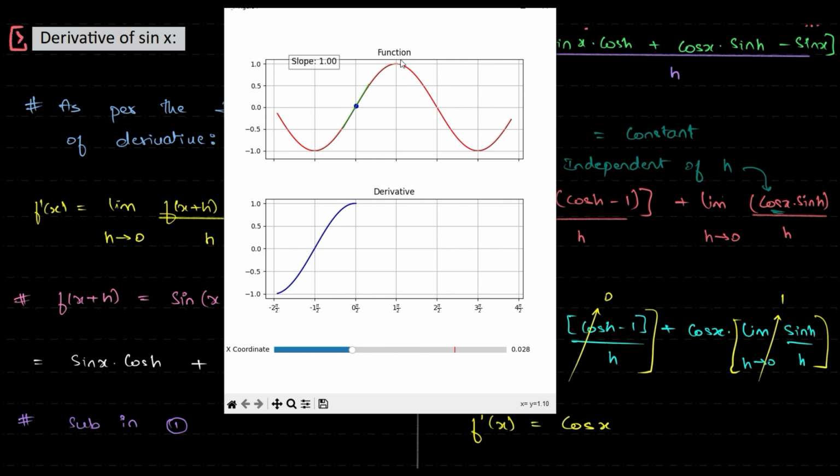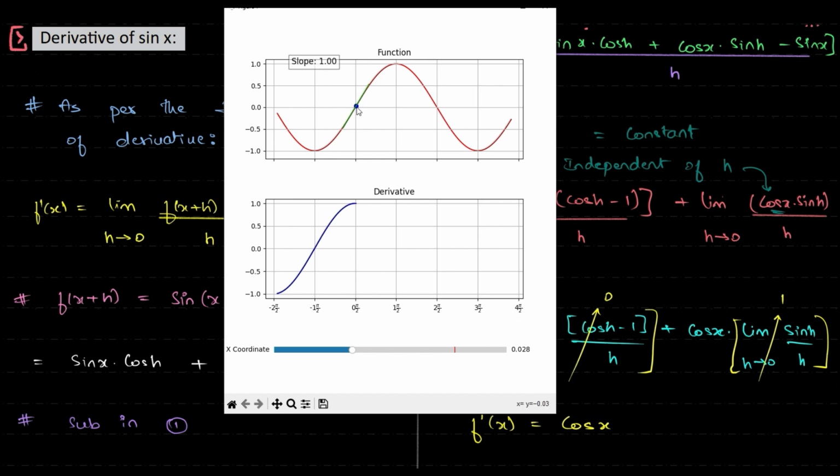One is a function and another is its derivative. The y component is varying from 1 to minus 1, and here too it's 1 to minus 1, and the x is varying from minus pi to 2 pi. So this is basically minus 180 to 360.